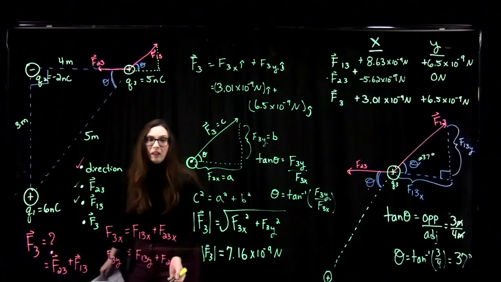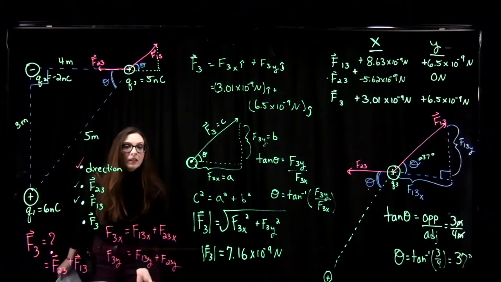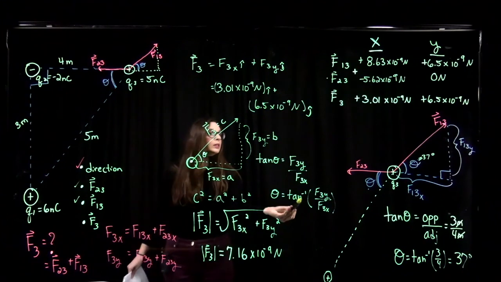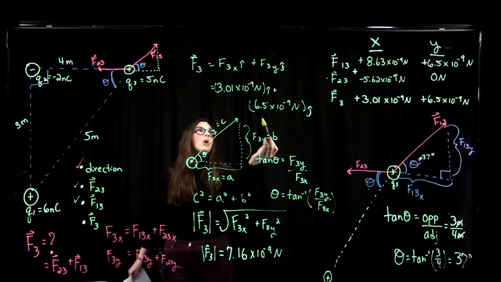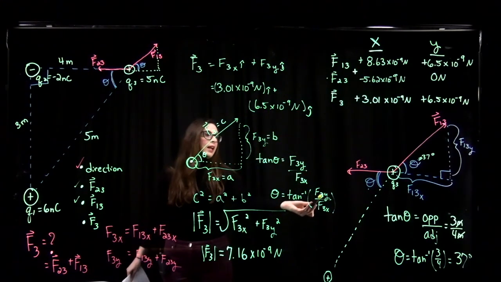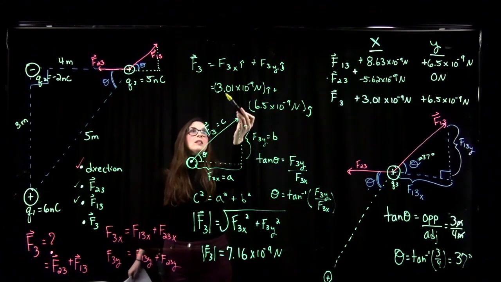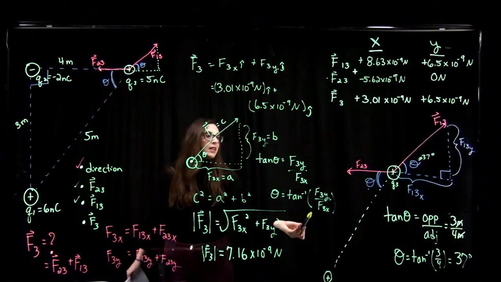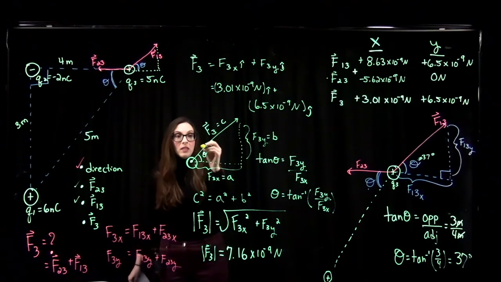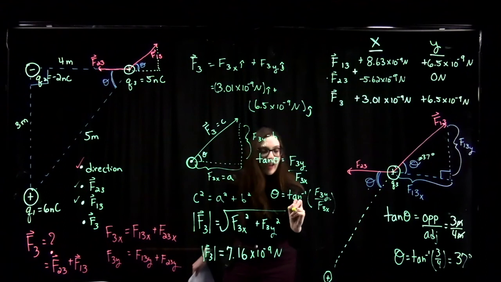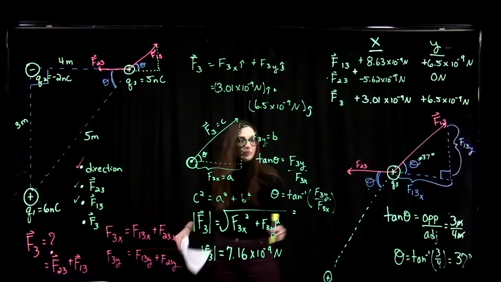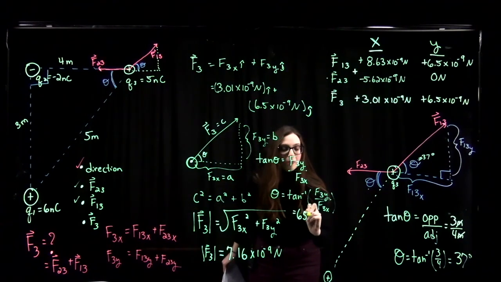So if I take the inverse tangent of F3y, 6.5 times 10 to the minus 9 newtons, divided by F3x, 3.01 times 10 to the minus 9 newtons, that will give me this angle here. And that angle is 65.1 degrees.